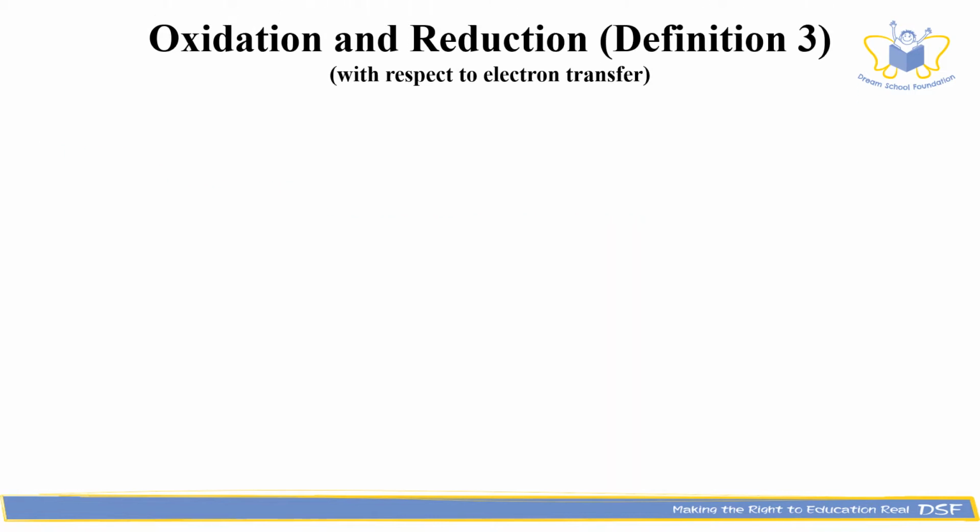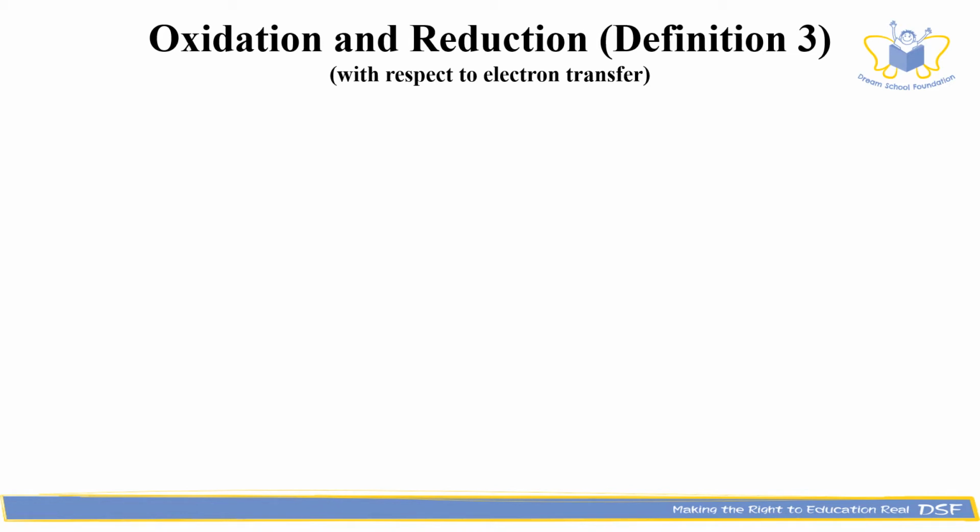Many reactions do not involve hydrogen or oxygen. In those cases, how do we define oxidation or reduction? In higher classes, you will learn that the most generalized explanation of oxidation and reduction is at the level of electrons.